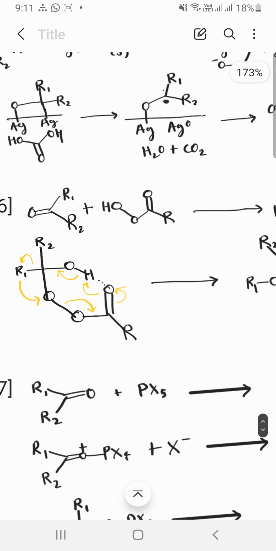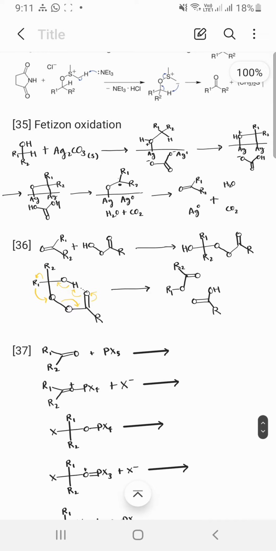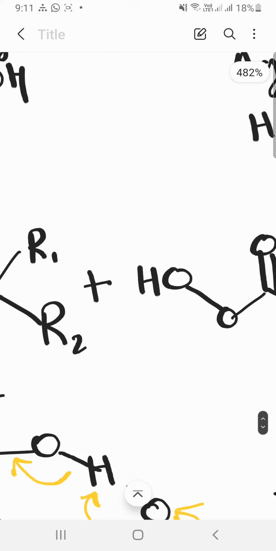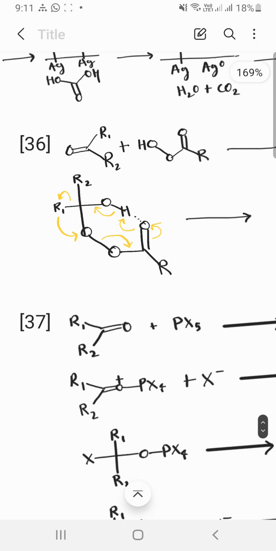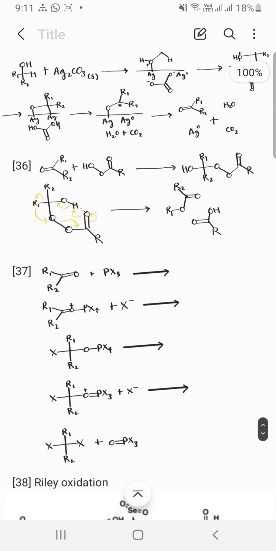So this shift is not that uncommon actually. It can happen if it gives us a good stability. And considering that you had a peroxide bond at first, this is actually going to happen obviously. Okay, that's fine. So it creates two acids, one from the peroxy acid and one from this thing. Okay, cool.